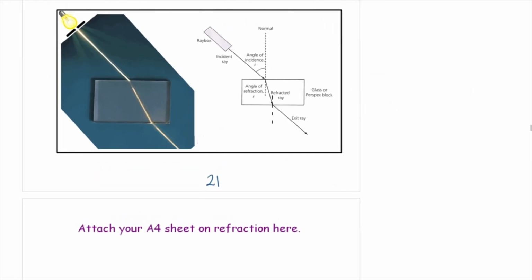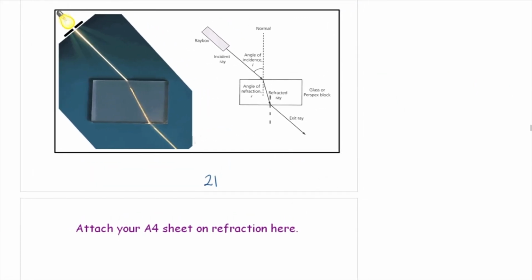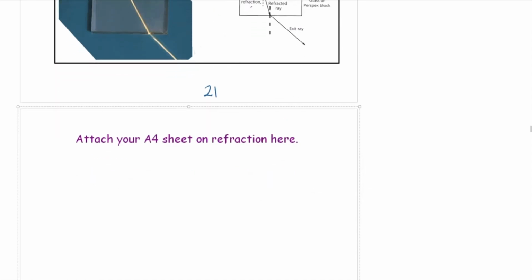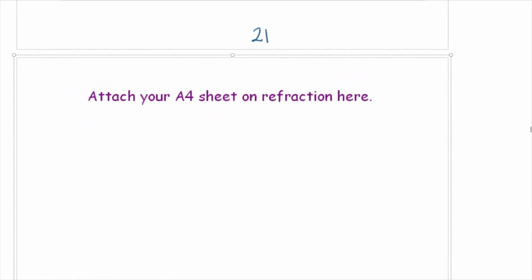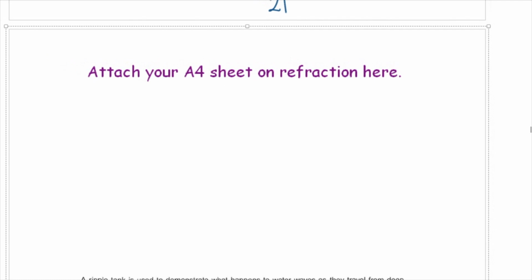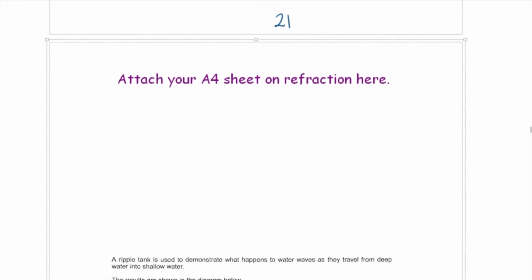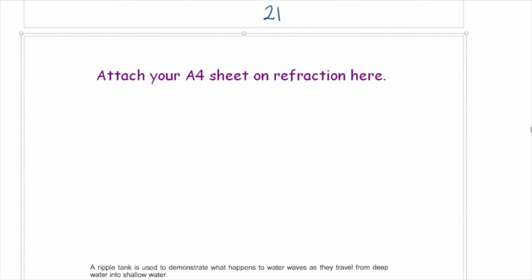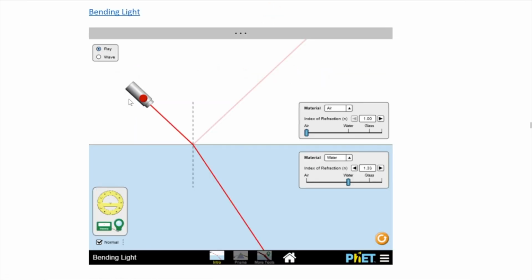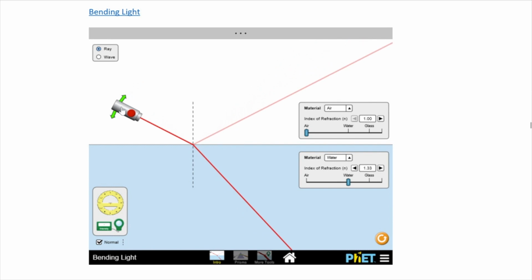When you're in class, you're going to do that experiment and you're going to stick your A4 sheet of refracted rays just there. Before you do that experiment though, I'm just going to show you another simulation of refraction. If you look at this, we can move the laser back and forth.